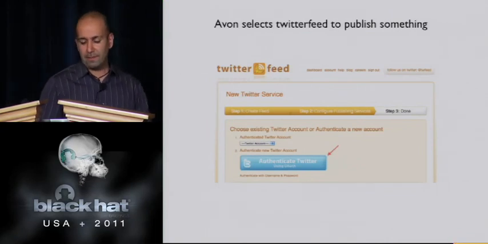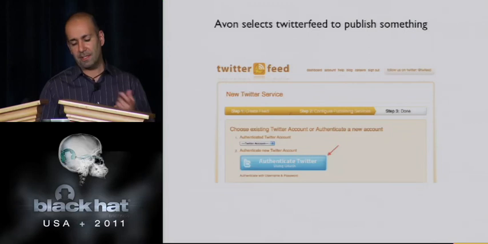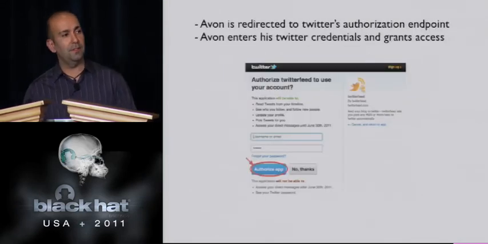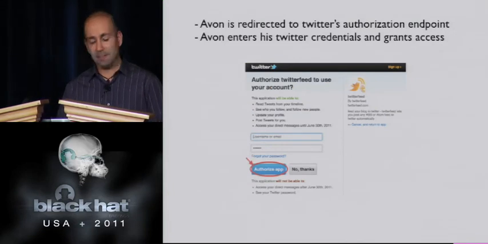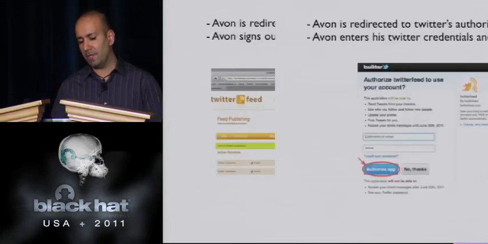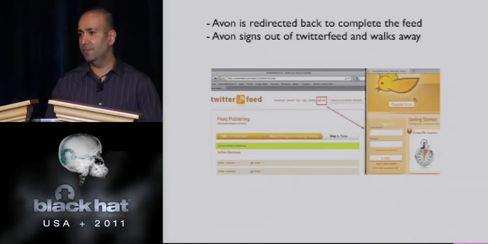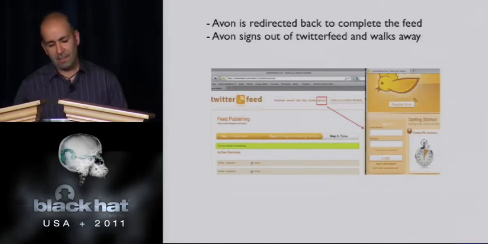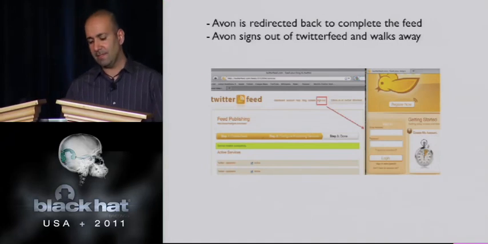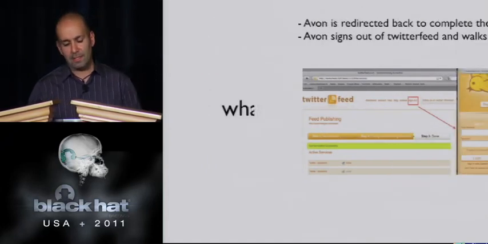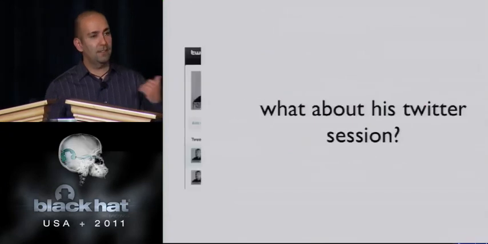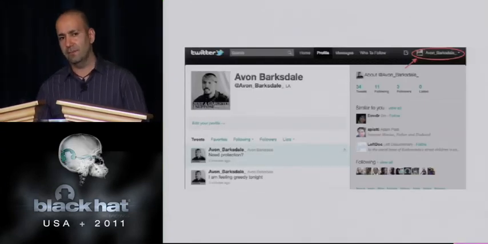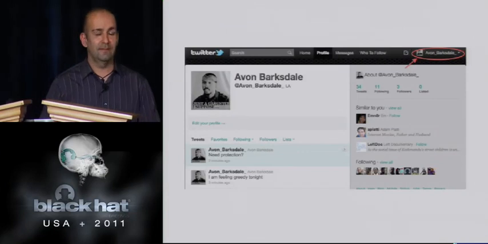He logs into Twitter feed, selects Twitter as the main server, gets redirected to the authorization endpoint, provides his credentials, consent is provided, and with the callback URI, he gets redirected back to Twitter feed, and then he sees that his tweet was posted, and everything's great, and he signs out and walks away, not knowing that in the background, his Twitter session remains open.